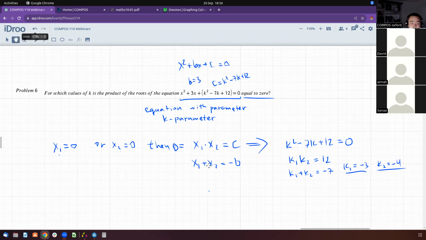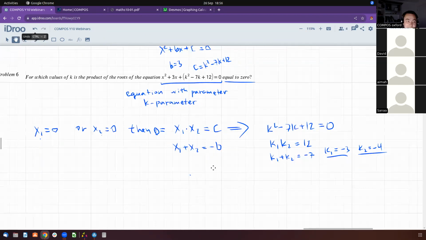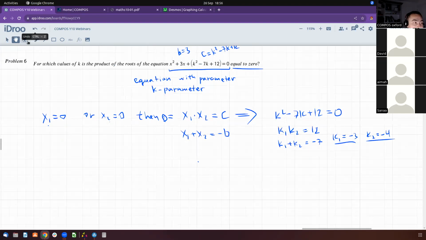So let's investigate a little bit deeper. Let's investigate what happens if k equals minus 3.